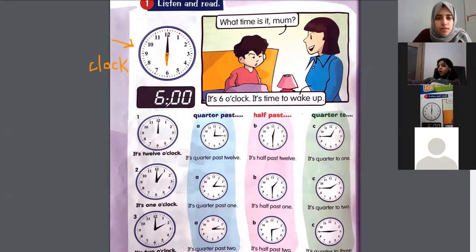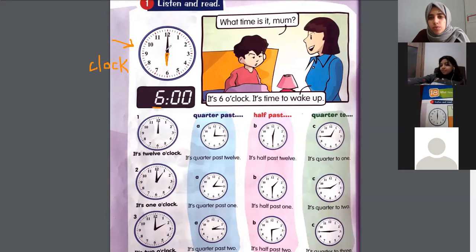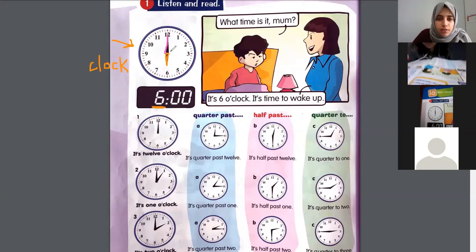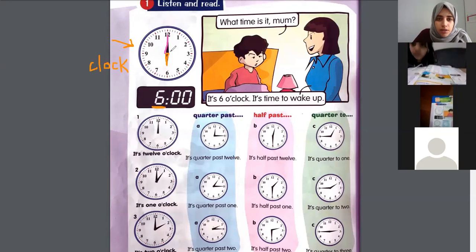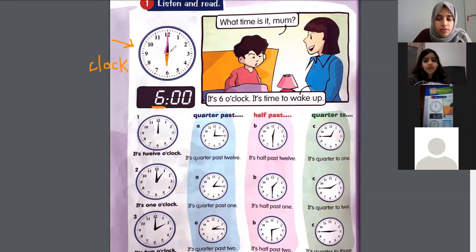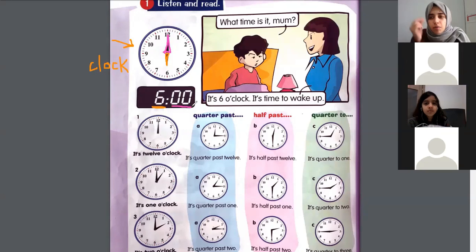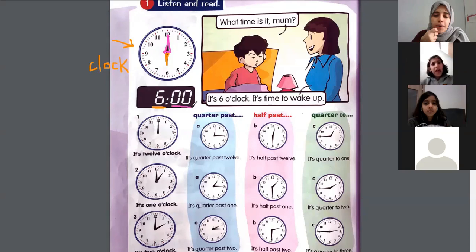The shorthand gives us the hour, and I'm going to use another color for the longhand. The longhand here gives us the minute. It tells us what is the minute of this hour. So because the shorthand is pointing at 6, we know that it is 6 o'clock.